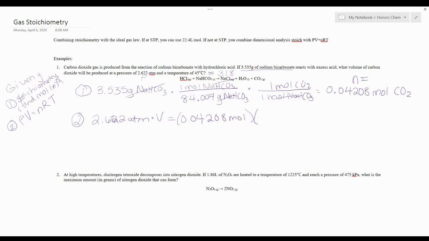I'm going to do the liters one, but it has to have the atmospheres. So that one, if you look at your chart, is going to be the 0.08206 liter atmospheres per mole Kelvin. You could also use the 62.06 milliliter atmosphere per mole Kelvin one. And then our temperature is the 318.